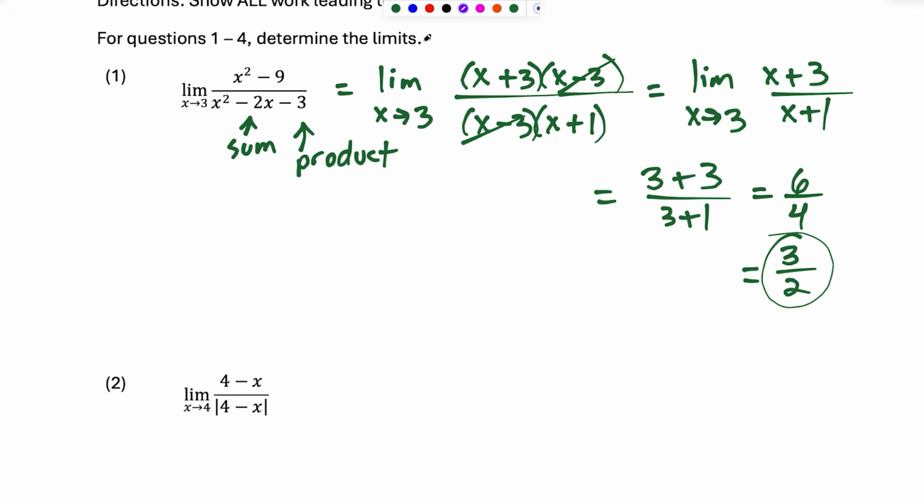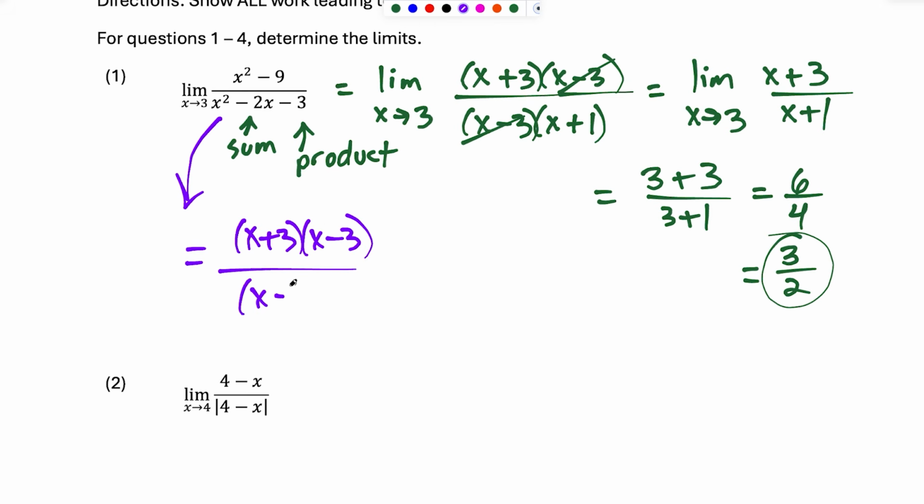Now, one thing to point out, these are annoying points to lose, but please don't do something like this. Don't just say this equals x plus 3 times x minus 3 over this, and then say that these terms cancel, and then just say equals 6 over 4 like this. Because if you stop writing the limit notation, then technically you're losing points for communication and notation.